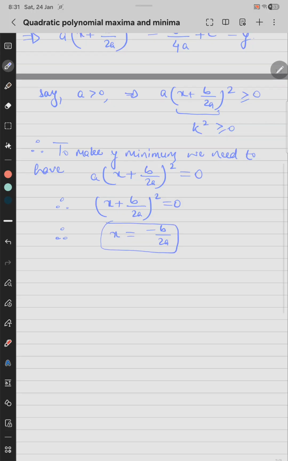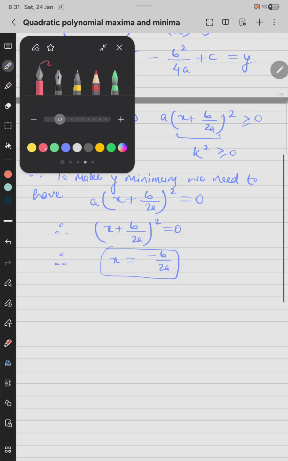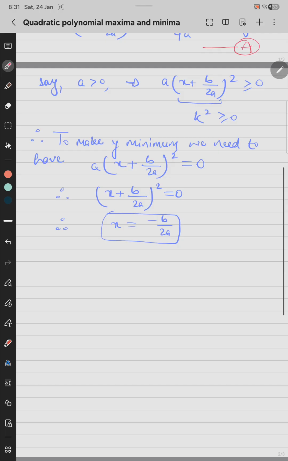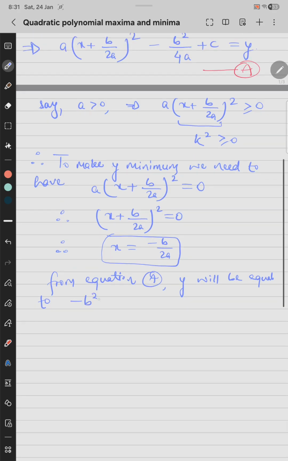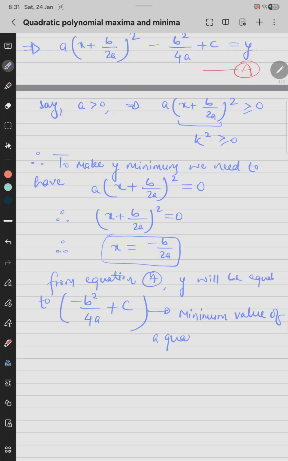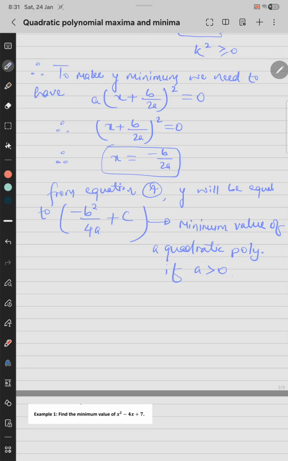And if x is equal to minus b by 2a, then from the equation, y will be equal to minus b square by 4a plus c, and this is basically the minimum value of a quadratic polynomial if a is greater than 0, and this value occurs when x is equal to minus b by 2a.